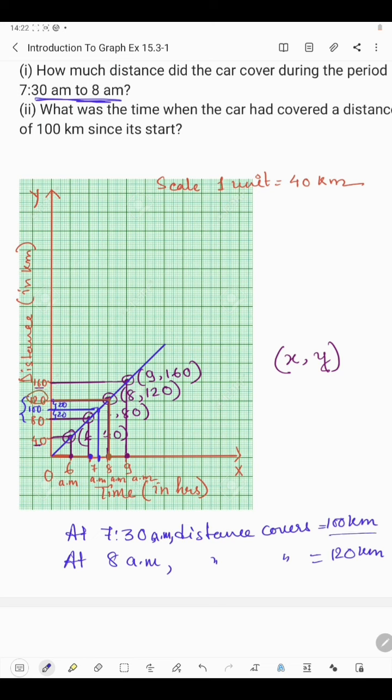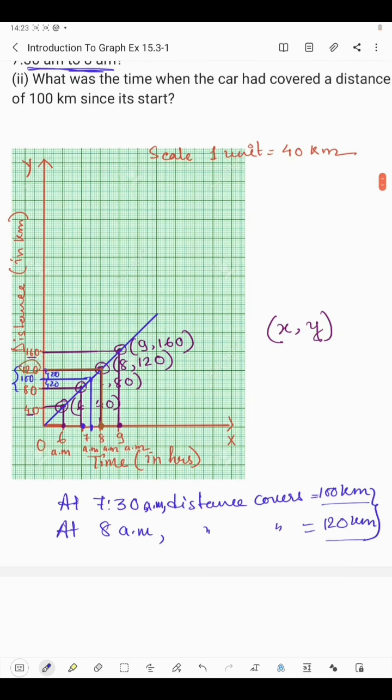So we have to find how much distance the car covered during this period. At 7:30 it covers 100 kilometer and at 8 am it covers 120 kilometers. So from 7:30 to 8, how much distance does it cover? When you find the difference between these two, you will get the distance covered during this time.